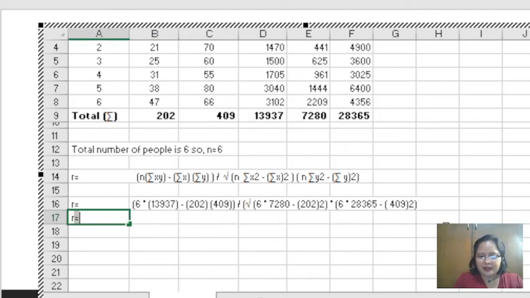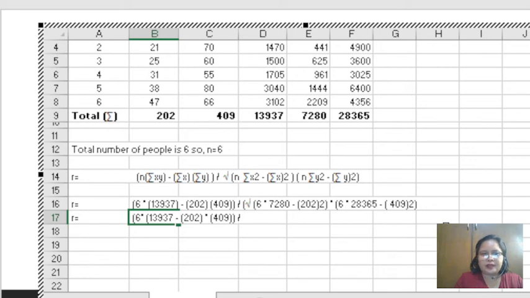After that, let's compute. So 6 times 13,937 minus 202 times 409, over the square root. So let's multiply.